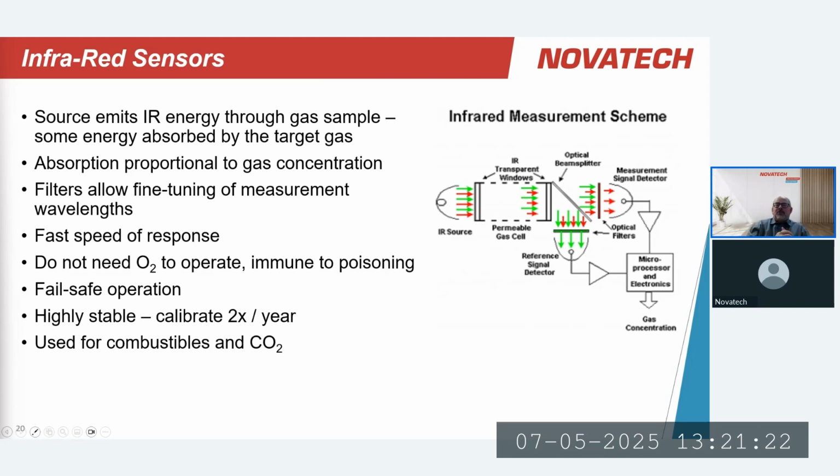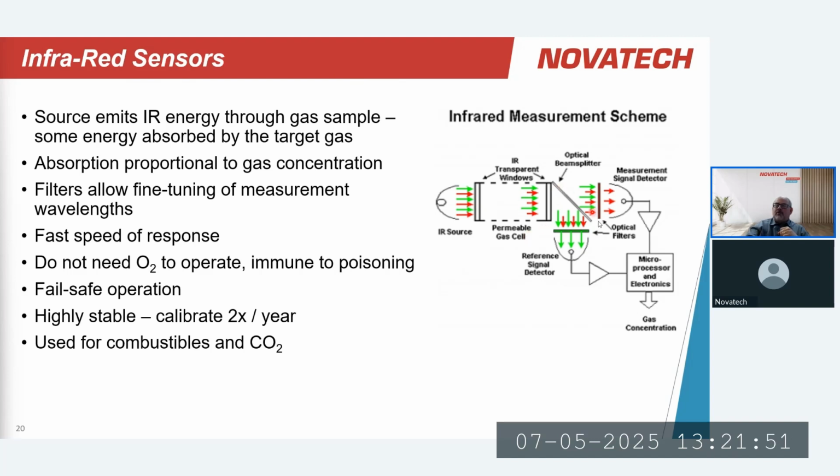So the way these sensors are set up is they will use usually a broadband infrared source. Think of it as a light bulb that's emitting energy across an entire spectrum of wavelengths. We transmit that energy through our sample, and our sample is basically just an open area of the detector where the air can migrate in and interact with that infrared energy.